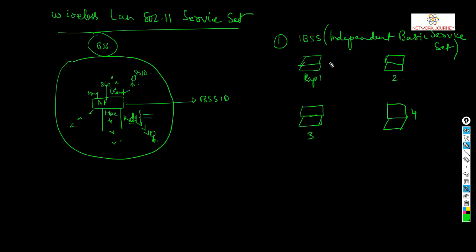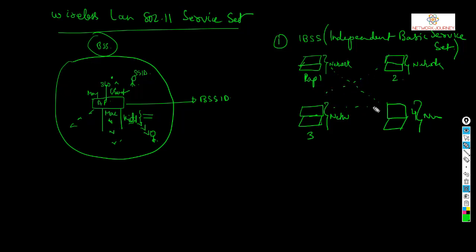Basically what you do is you set up some internal network over here. In a similar way you set up some network here, and you form a network and you just connect between them.